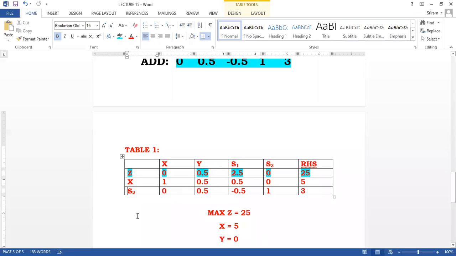There is no Y value, so I am going to take the Y value as 0. For example, if I have Z, S1, Y, then the X value will be 0. Whichever value is missing, we take it as 0. Understand the idea, Amal? Why we got Y equal to 0?